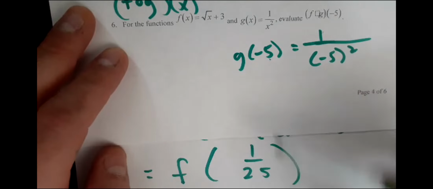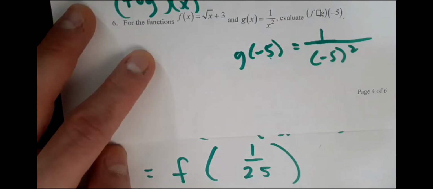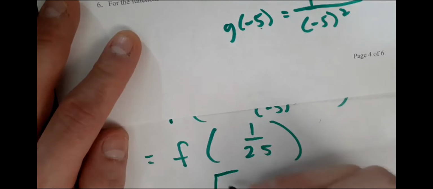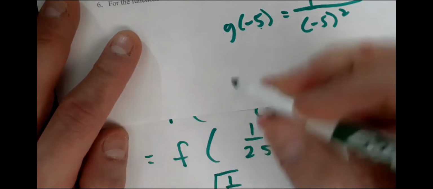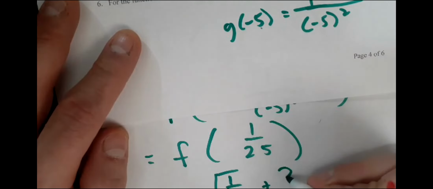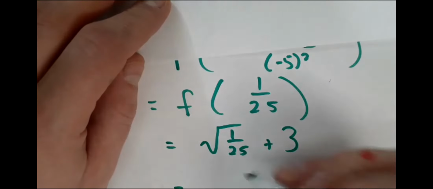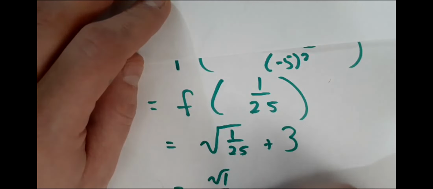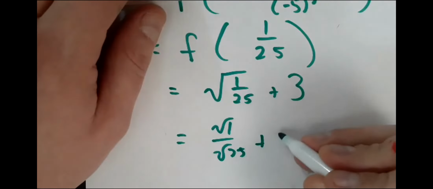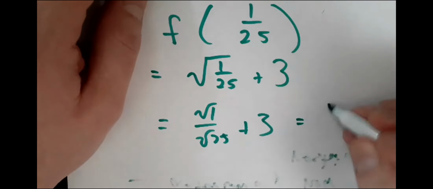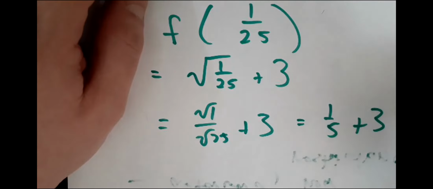I'm plugging 1 over 25 into my f function now. So this looks like I have a root of 1 over 25, and I have plus 3. This I can simplify a little bit if I do root 1 over root 25 plus 3. This is what, 1/5 plus 3, I believe.